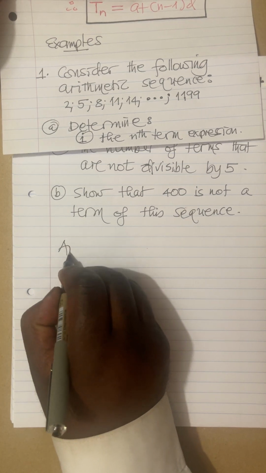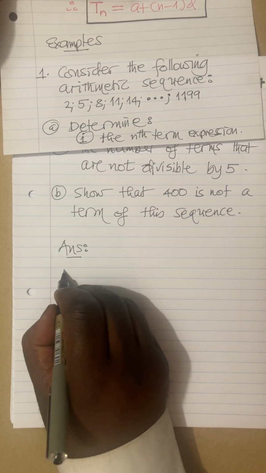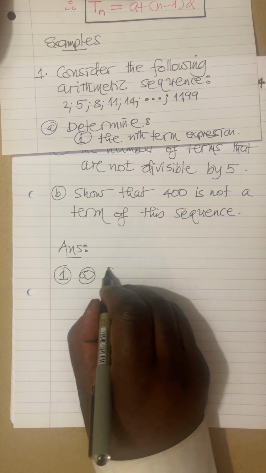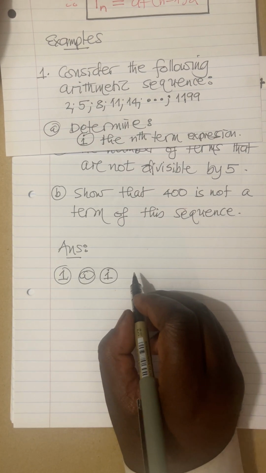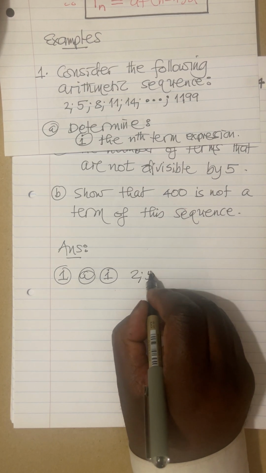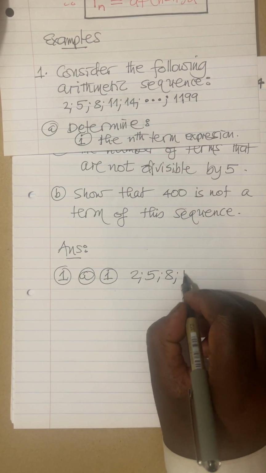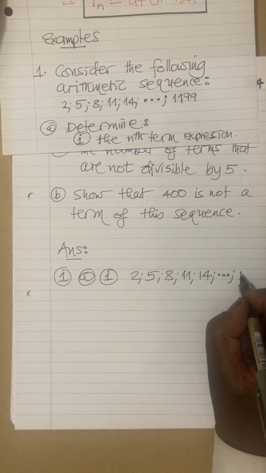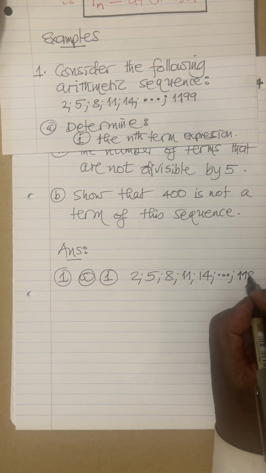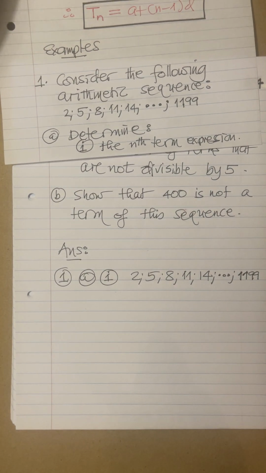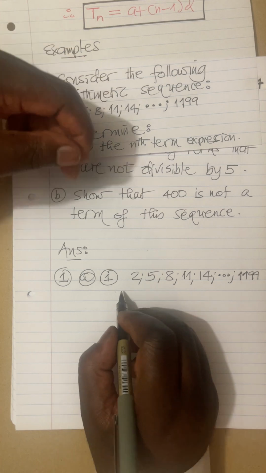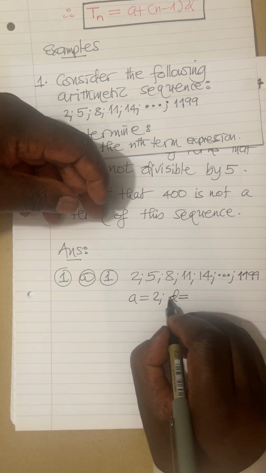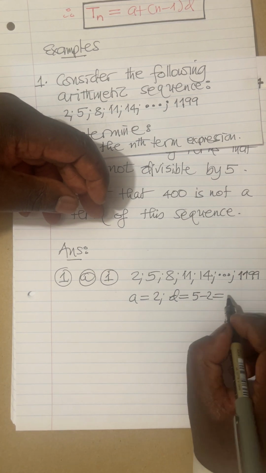So my answers will be as follows. This is example number 1, obviously, and we're dealing with A1. Let's capture the sequence. We're dealing with 2, 5, 8, 11, 14, 3 dots here, all the way up to 1199. Right. So the nth term formula, our first term we know is 2. Our common difference, we can work it out. It's 5 minus 2, and the answer is 3.